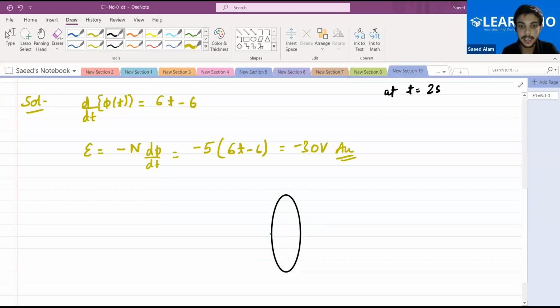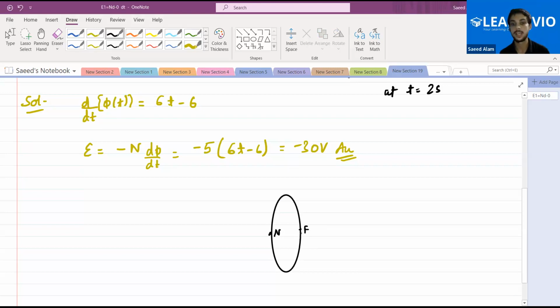Let me mark again the two points over here: this is the A point and this is the B point. A point is towards us. Let me denote this as near and this as far.